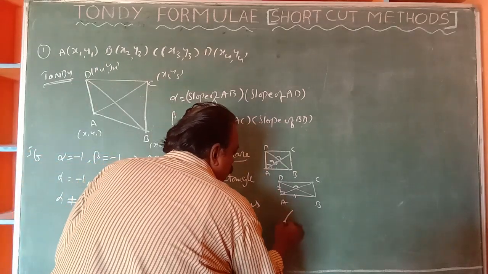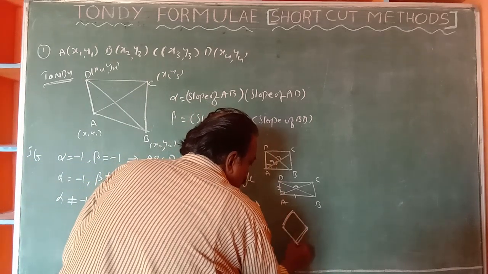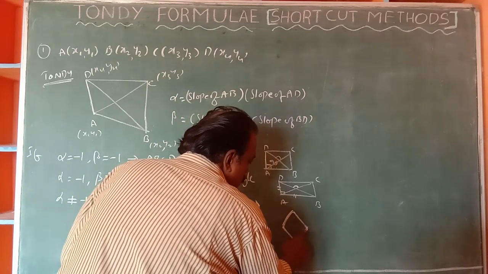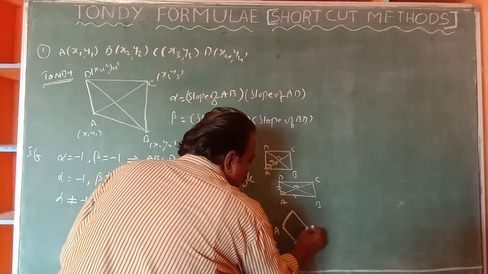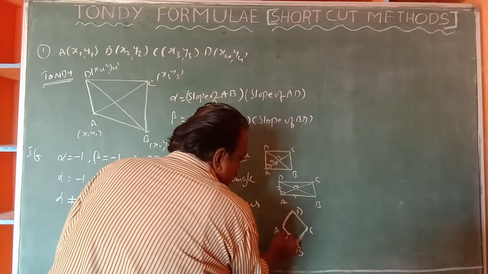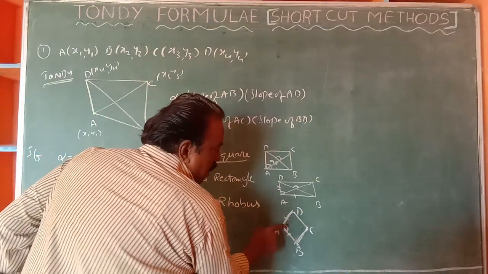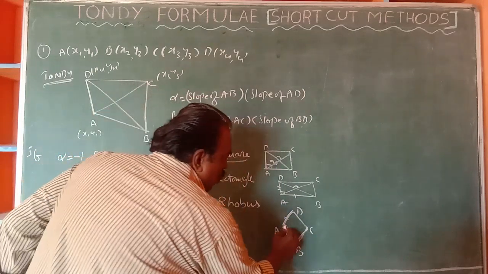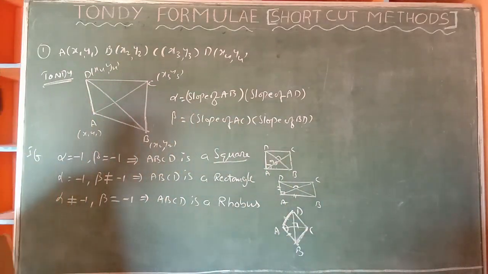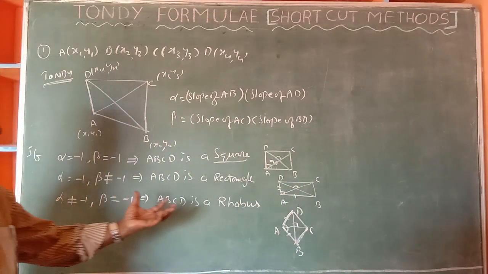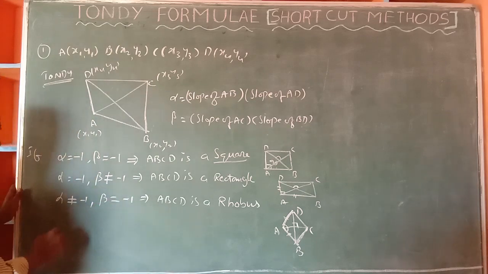Because in the case of a rhombus, the adjacent sides AB and AD are not at right angles, whereas the diagonals AC and BD are at right angles. That is why we are getting beta equal to minus 1.